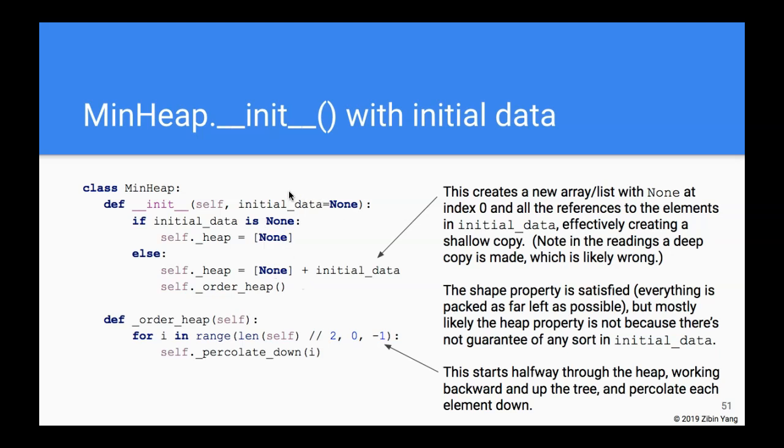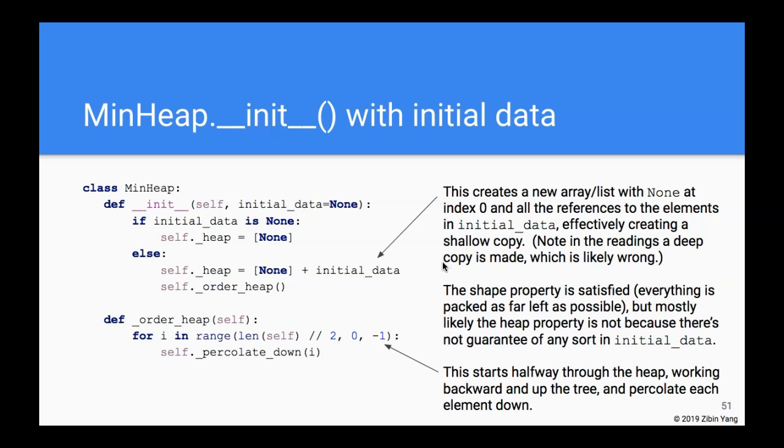Now, if the initial data is not None, then what we're going to put in the array that represents the heap is, well, the element at index 0 is still None, right? We always have that. And then we just concatenate the list of None with the initial list of data.